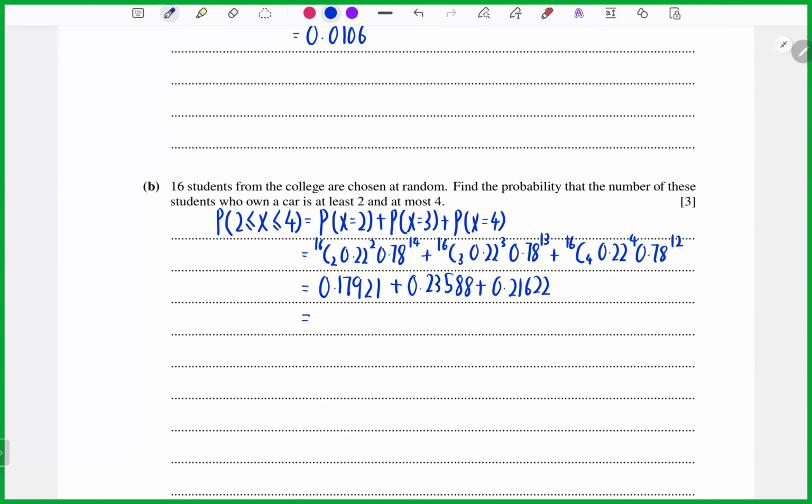And then we can sum the answer first. So you will get the answer 0.631. So this is your answer for question 2.